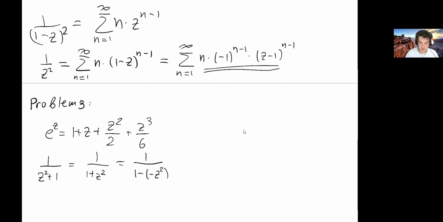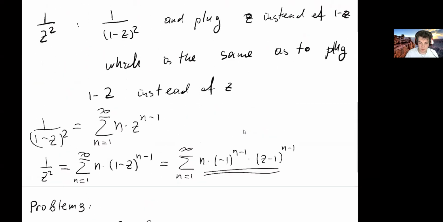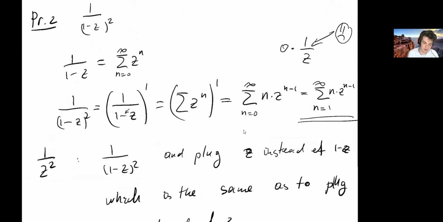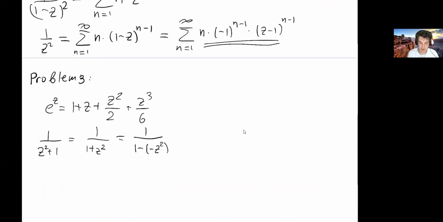But I can now use the previous problem because I know what 1 over 1 minus z is. It's this. And now if I want minus z squared instead of z, I just do this. You did this in calculus a lot, by the way, when you did series for arctangent. The series for arctangent goes exactly like this.